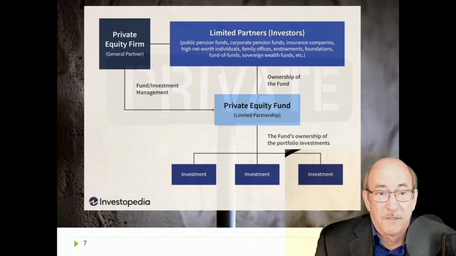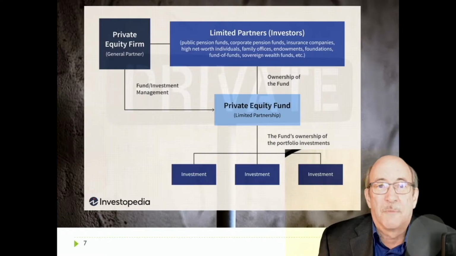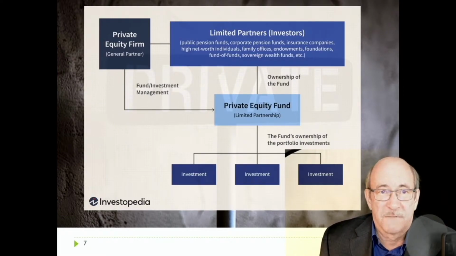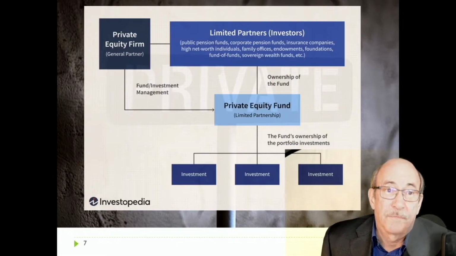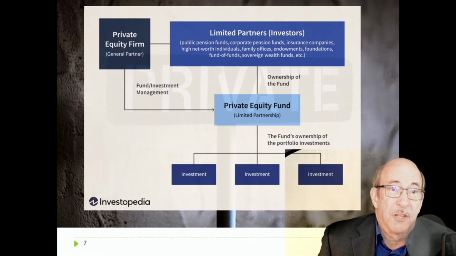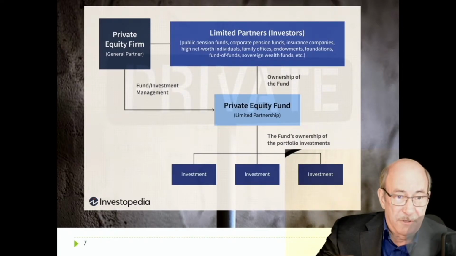So they buy these firms up, kind of polish them up, clean them up, make them operate more efficiently, generate some cash flow in that process, and then turn around 3, 5, or 7 years later and sell them back to the marketplace.